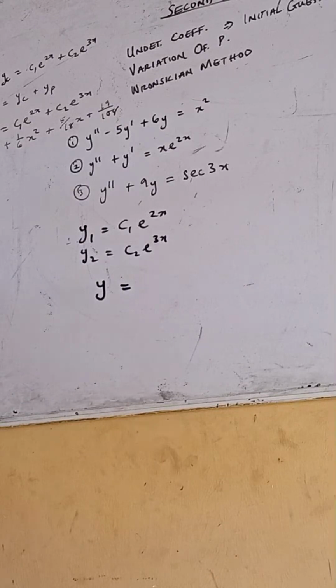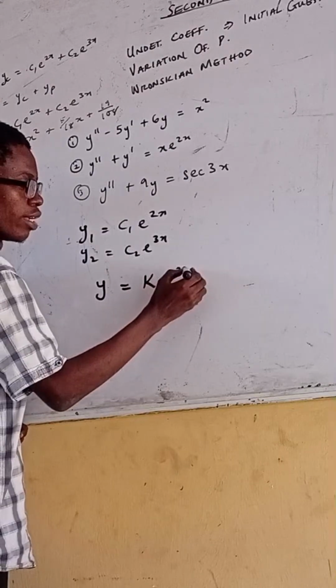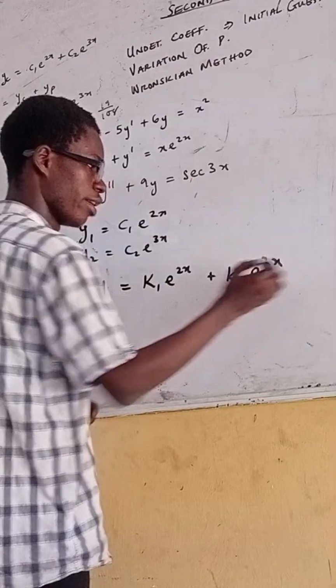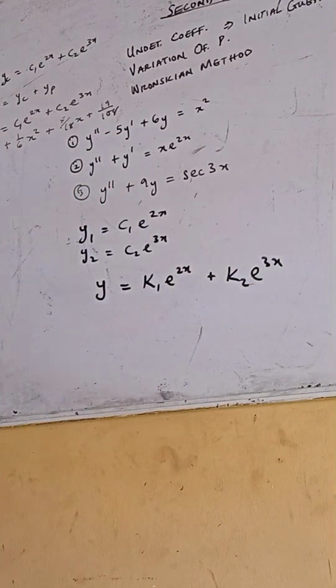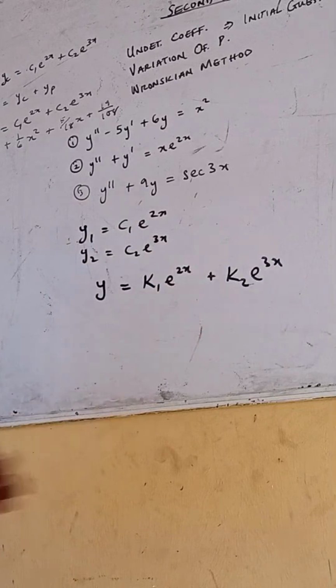But this time around, this C1 and this C2, replace them with K1 e raised to power 2x plus K2 e raised to power 3x. So the difference now is that K is not a constant, it is also a function of x. That's the difference now. Y equals K1 e raised to power 2x plus K2 e raised to power 3x.